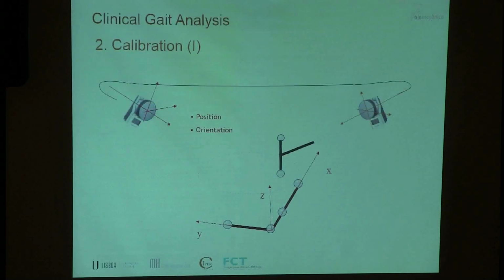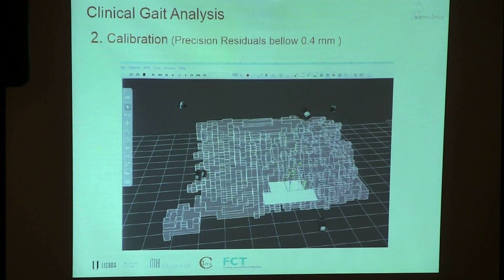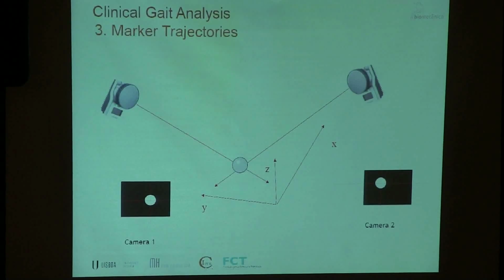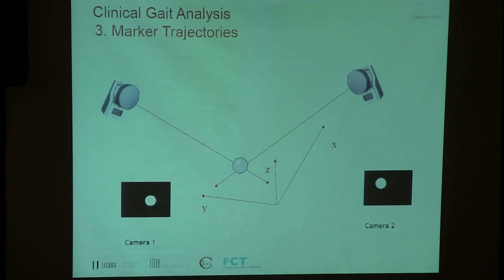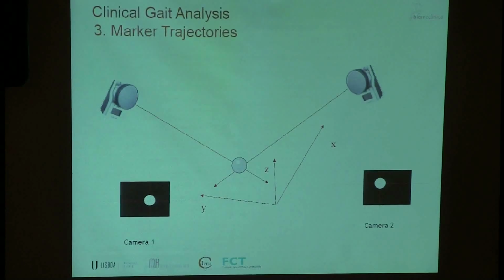They are calibrated, and with the calibration you also build a global coordinate system. You have a volume where you have high levels of precision if you have a high performance system. In our case, we have residuals on the markers that are below 0.4 of a millimeter. And if one marker is tracked by at least 2 cameras, we can follow the three-dimensional path of this marker.